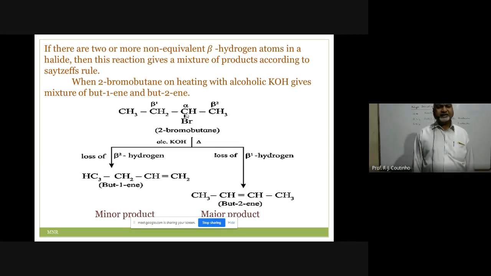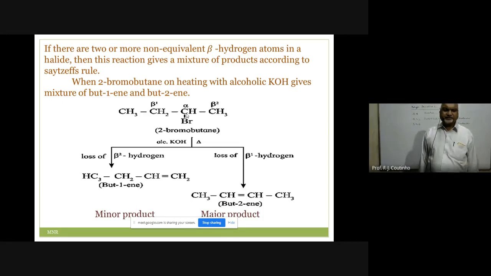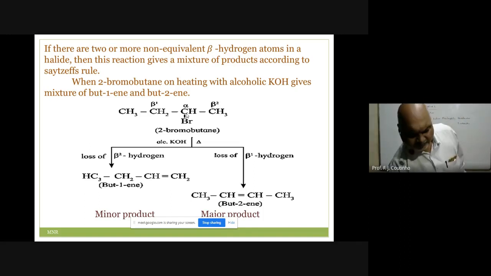Now here the reaction will give you a mixture of products. First, when 2-bromobutane is treated with alcoholic KOH and heated, you get loss of a beta 2 hydrogen atom. What is the beta 2 hydrogen atom? It is here. So one hydrogen is lost.